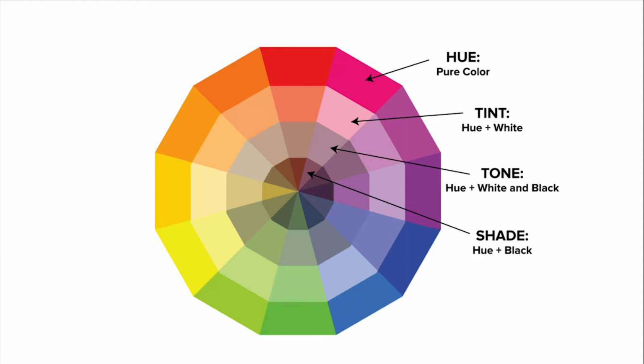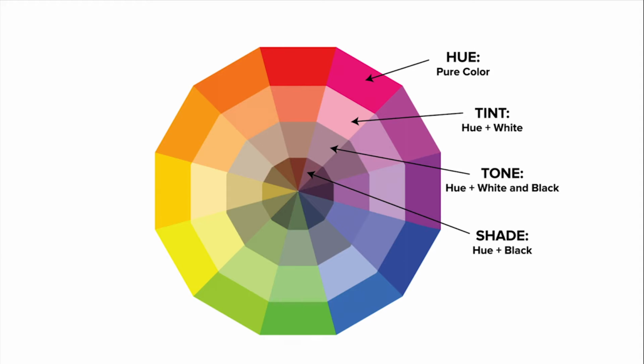It's basically that color at 100%. Tint is that pure color plus white, so a little bit lighter. Tone is the hue, the pure color, plus white and black. So that muddies it up and grays it up a little bit. Then shade is that pure color, the hue, plus black, so a darker version.